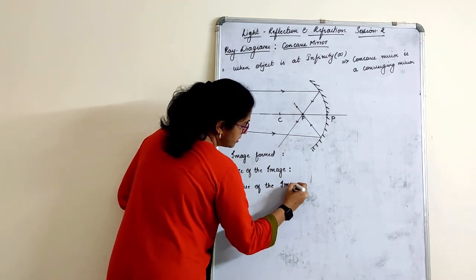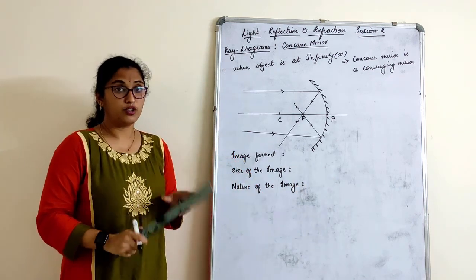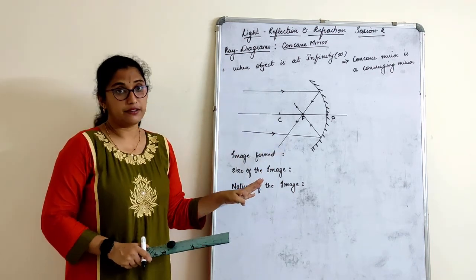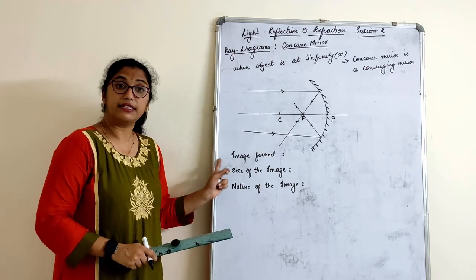Always remember these 3 steps, children, even though they have not asked you anything. If you have drawn the ray diagram, it is understood that we need to represent it neatly with the arrow marks. Then these 3 things should compulsorily be written.